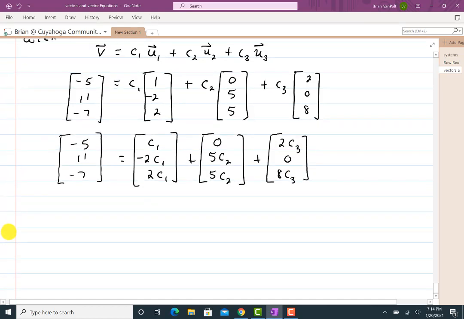Now adding the vectors all together and making one big vector on the right side, I'll have C1 plus 2C3.